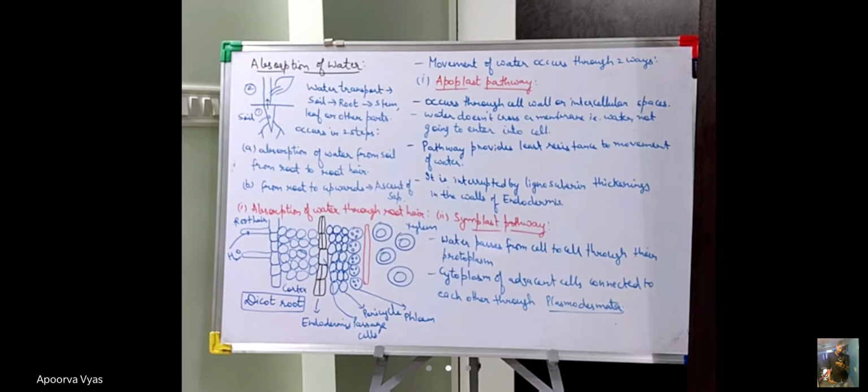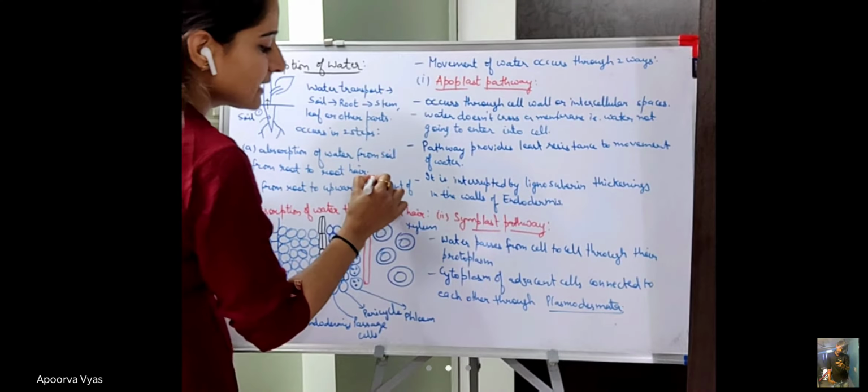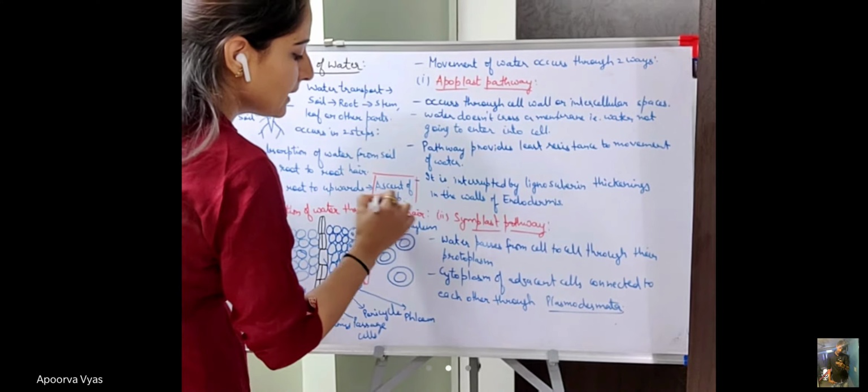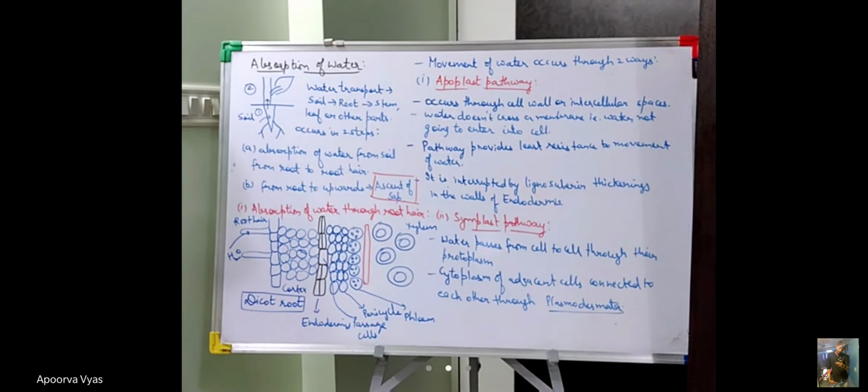The second step is when the water has entered the root, this water is going to travel from the root towards all the upper parts, wherever that water is required. This step is known as ascent of sap. We'll talk about both the steps one by one.